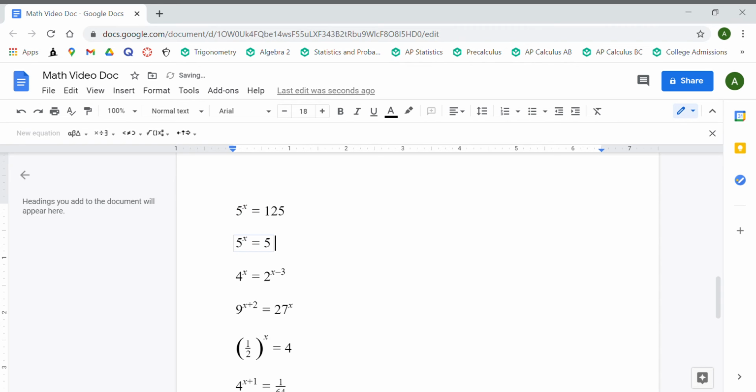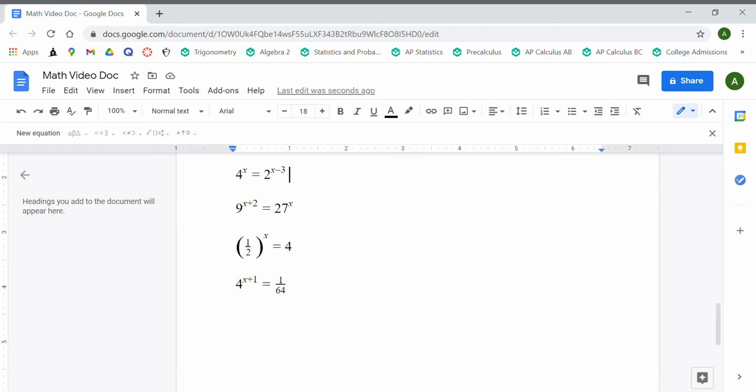And so we get 5 cubed, because you take 5 times 5, you get 25, and you multiply that by 5, you get 125. And then set the exponents equal to each other, and you get a pretty easy solution.